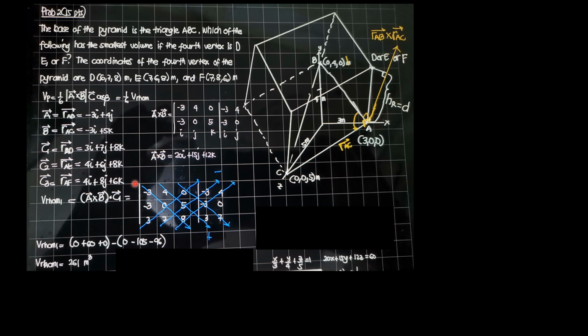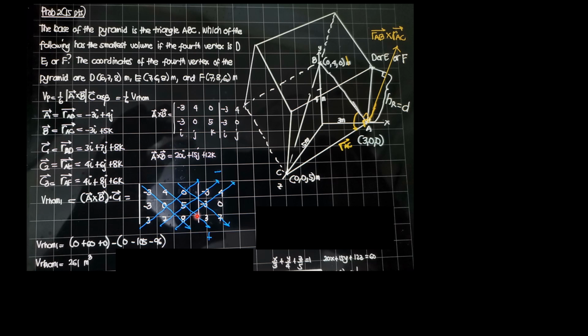So therefore, volume of rhomboid 1 is equal to A cross B dot vector C1. So it is A cross B dot C sub 1, components of A, components of B, and components of C sub 1: 3, 7, 8, copy 3, 7. So you have here quantity 0.